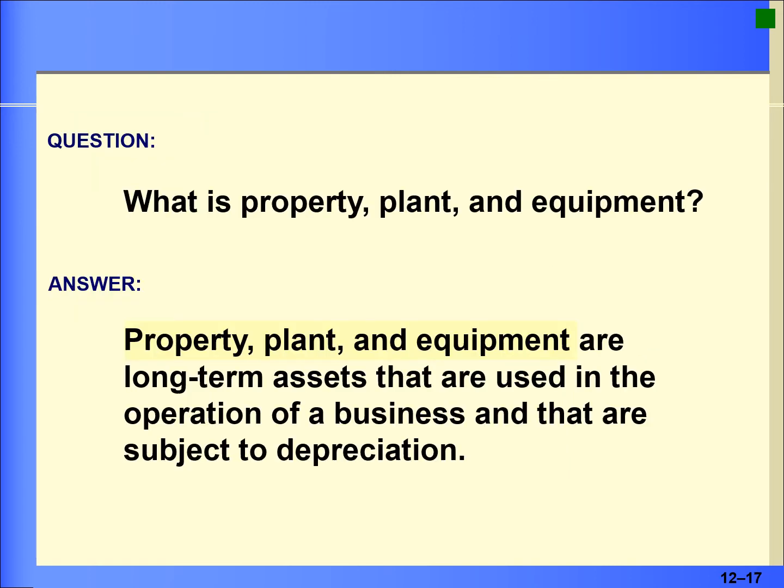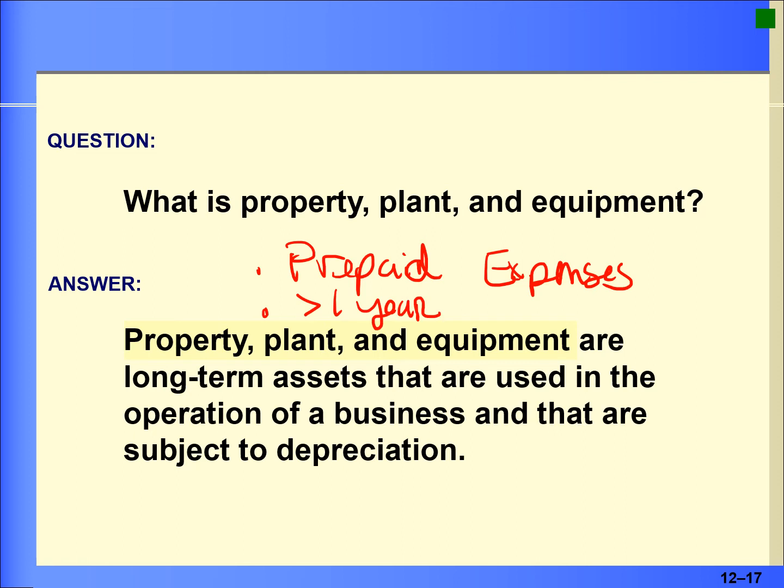So again, the property, plant, and equipment, I refer to these as prepaid expenses, but the idea is they last longer than 1 year, so they're kind of like longer term types of prepaid expenses. And the adjusting entry that we're going to be using obviously is depreciation. So again, review the chapter in chapter 5 on some of these.